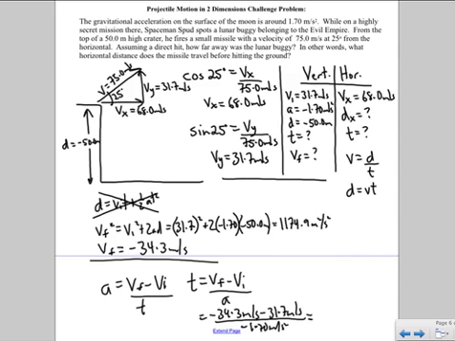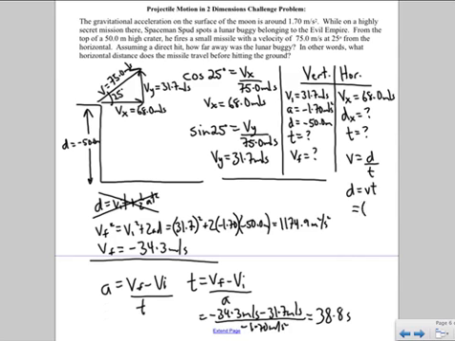So the time comes out to be 38.8 seconds. And now that I know the time, I can go back to my d equals v times t equation.